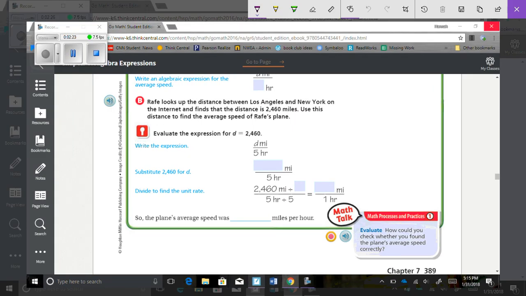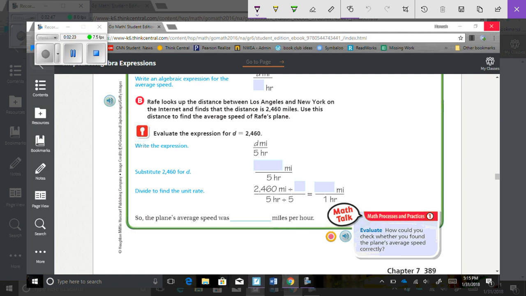Now Rafi looks up the distance between Los Angeles and New York on the internet and finds that the average distance is 2,460 miles. Use this distance to find the average speed of Rafi's plane. Okay, so we're just going to substitute in what we did, just like we did in lesson 5. So we're going to plug in what we know.